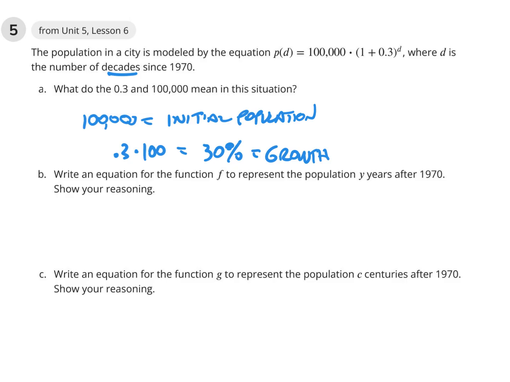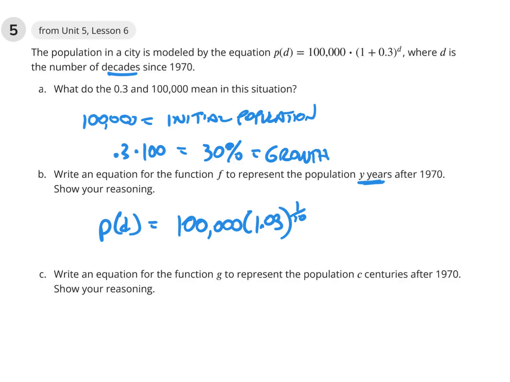Write an equation. All right, so write an equation. P of D in years equals 100,000 times 1.03 to the 1 out of 10, because 10 years is a full growth.